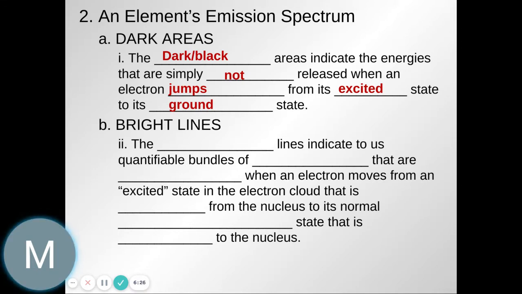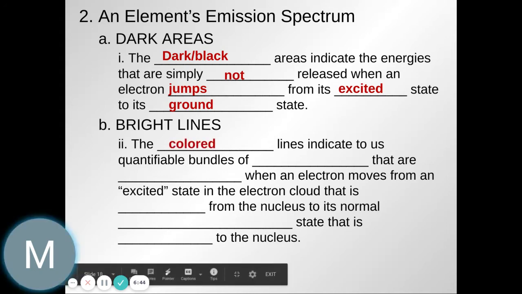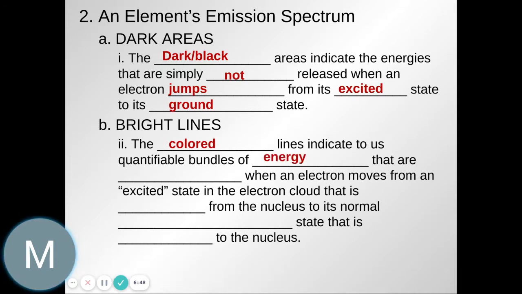The dark areas, the dark bands, are wavelengths of light that the copper atom, for example, or the helium atom, whatever it might be, can't give off that color. Just absolutely, it's a no-go zone. I can't even give off that color. The colored lines, the bright lines, okay, which is the next part, these colored lines indicate to us the quantifiable bundles of energy that are given up.